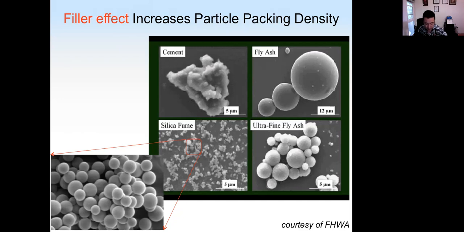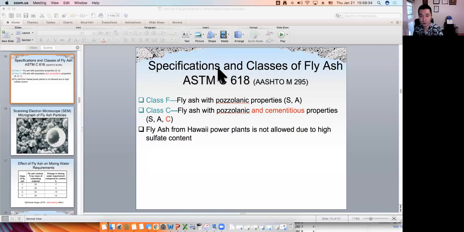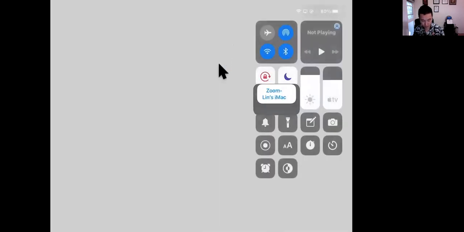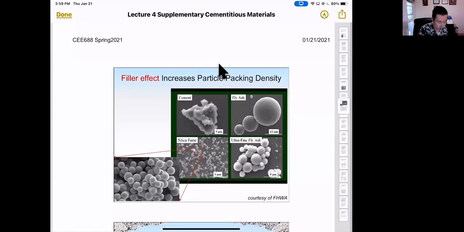So what is a filler effect? The so-called filler effect is because the particle size of silica fume is so small.